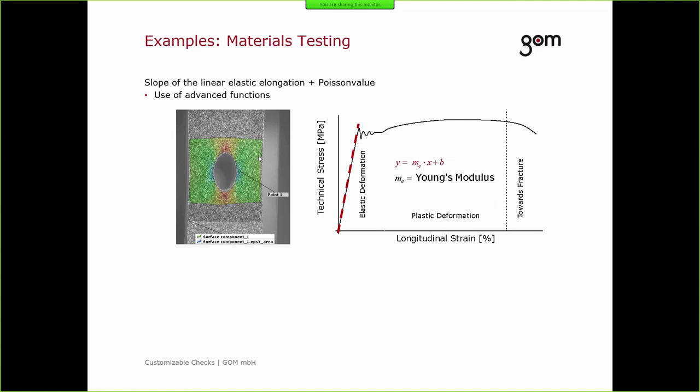Now I got 2 more examples from our materials testing applications. The first is the determination of the slope of the elastic elongation part. Also called a Young's modulus. It's a material parameter which is also often of interest for many materials.